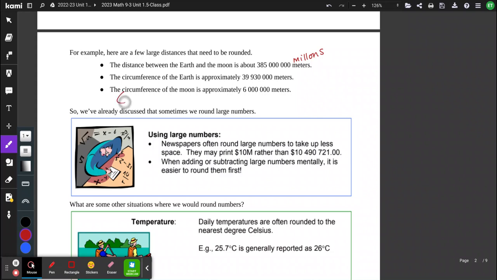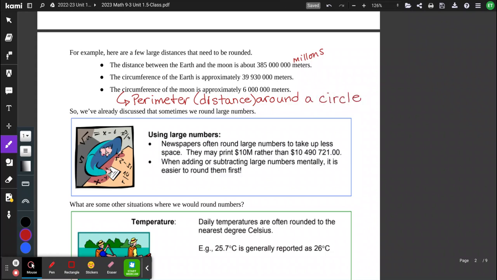So circumference, we're going to write that down. That's perimeter, which means distance around. Okay, so perimeter or distance around a circle.